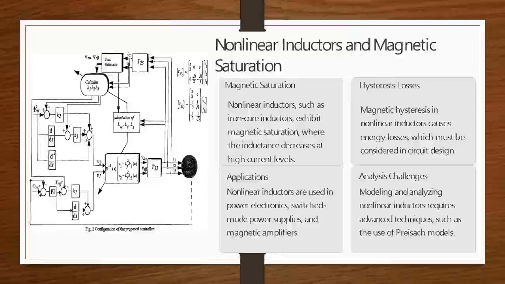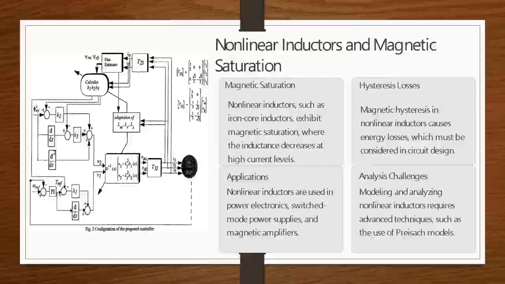Now, coming to non-linear inductors and magnetic saturation. We know that magnetic saturation is a type of non-linear inductor behavior. Here we can see the diagram on the left side. Non-linear inductors such as iron core inductors exhibit magnetic saturation, where the inductance decreases at high current levels.